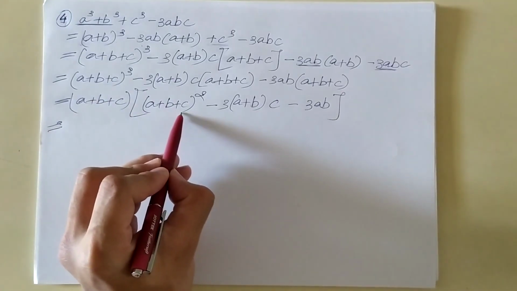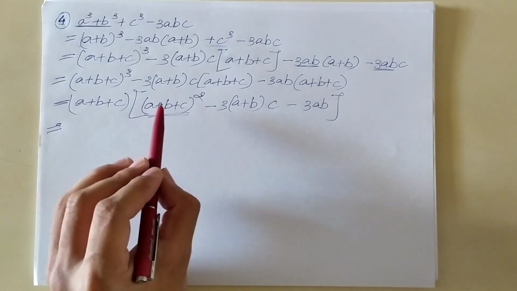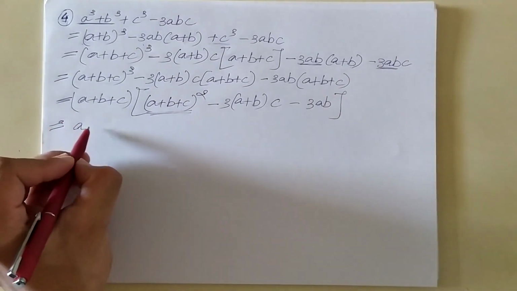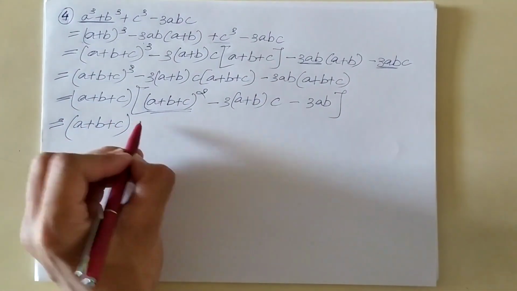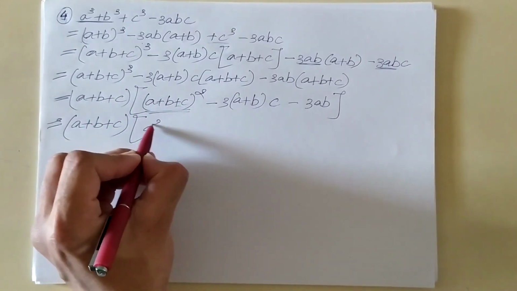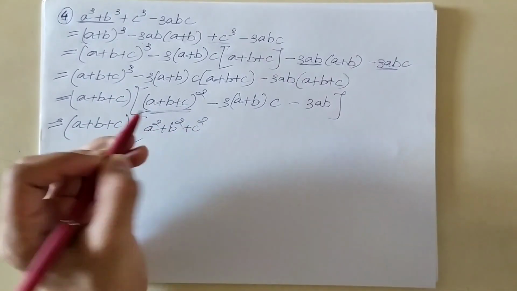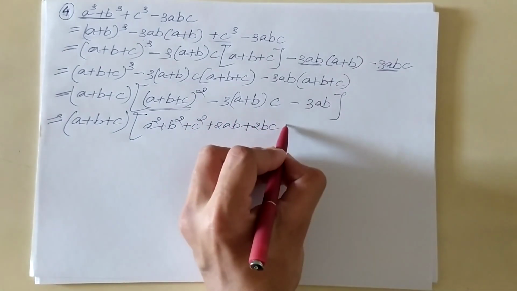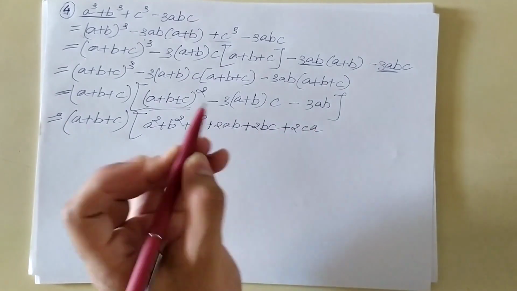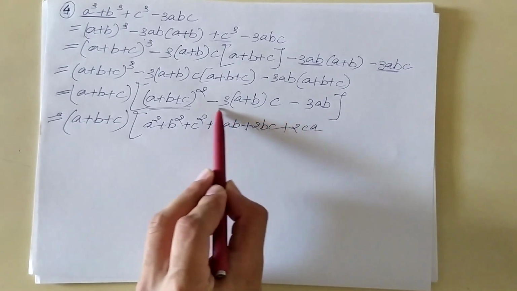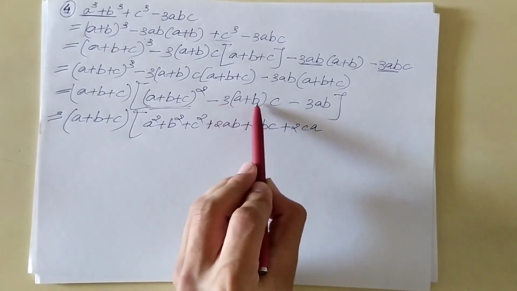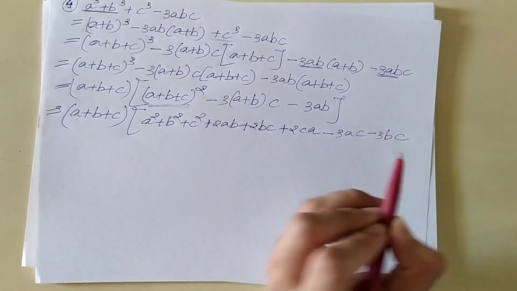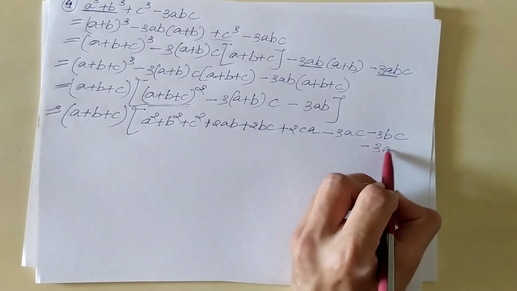Now we have already seen the identity for this expression, which is a square plus b square plus c square plus 2 into ab plus bc plus ca. So we apply this formula: a plus b plus c into, we expand this, a square plus b square plus c square plus 2ab plus 2bc plus 2ca, and by opening these brackets we get minus 3ac minus 3bc and the remaining term minus 3ab.